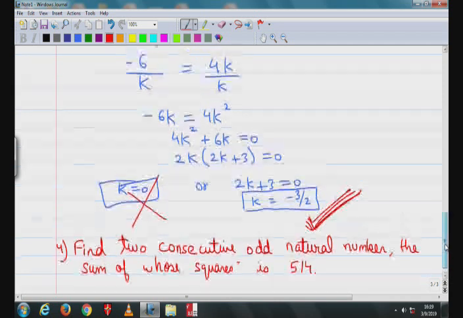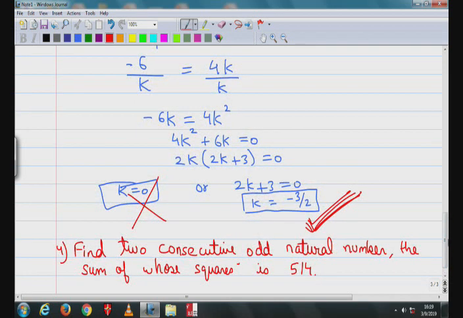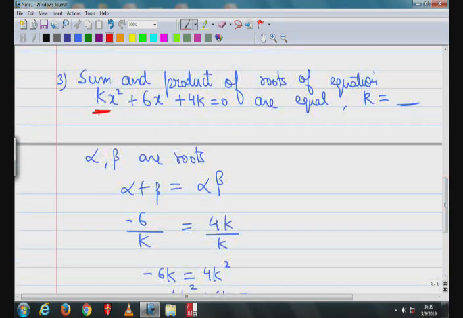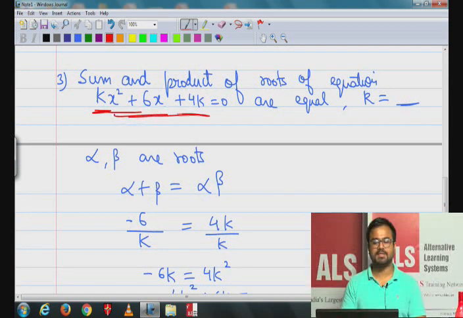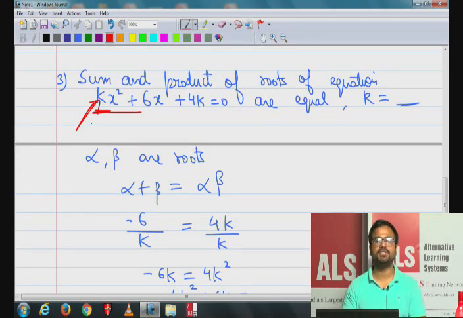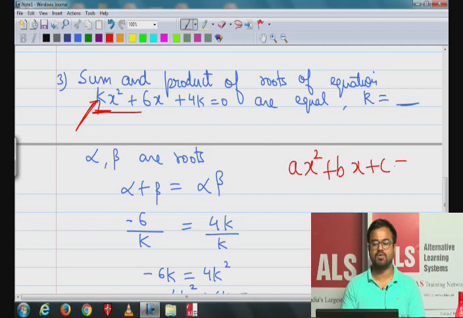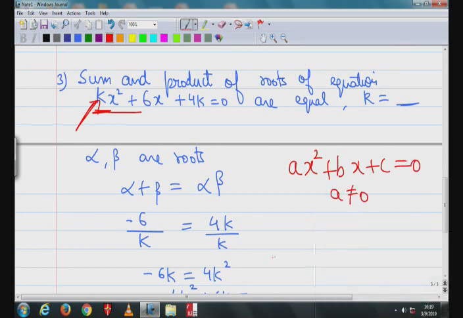We have not taken k as 0 because the quadratic equation given in the question was kx square plus 6x plus 4k. Here k is the leading coefficient, the coefficient of x square, and in any quadratic equation the leading coefficient can never be equal to 0. Generally when we write ax square plus bx plus c equal to 0, we have to mention that a should not be equal to 0.